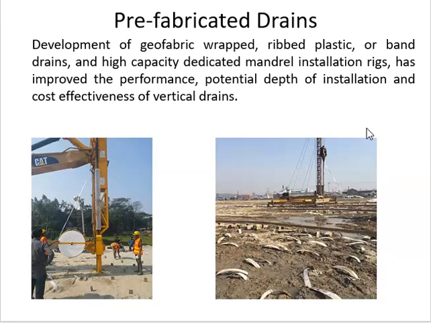The mandrel is withdrawn, leaving the fabric in the soil. The fabric is cut above the level of the drainage blanket. Here extra projection is taken to avoid burying under the drainage blanket, that is a sand blanket, which will be placed after the installation of vertical drains.